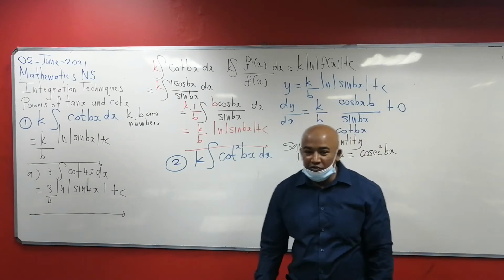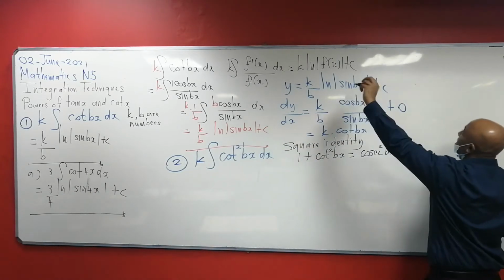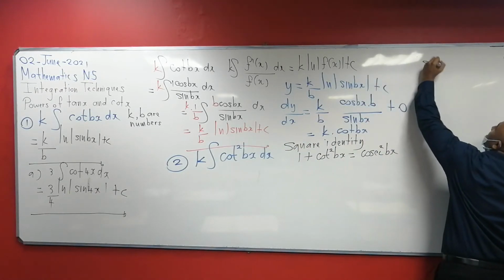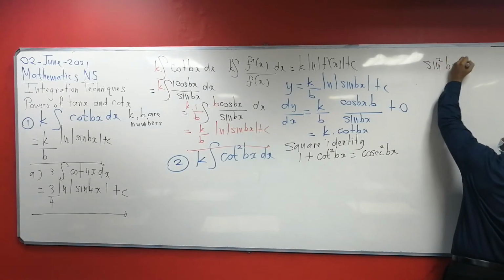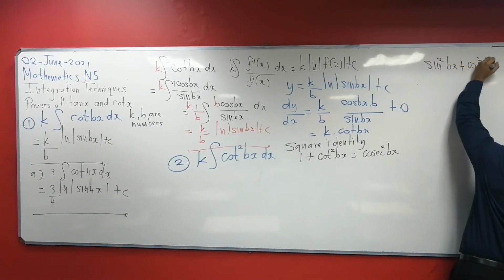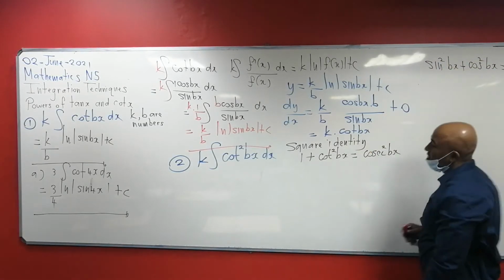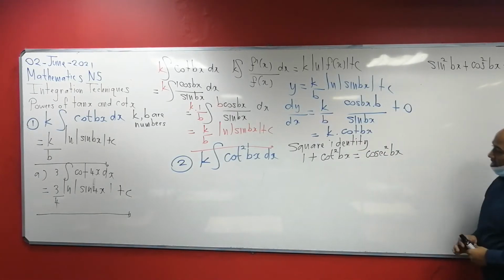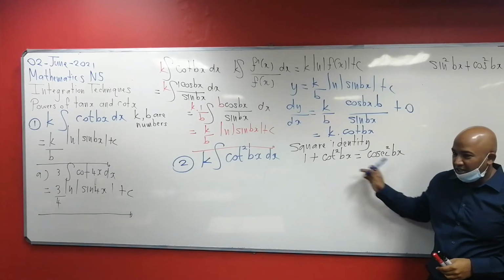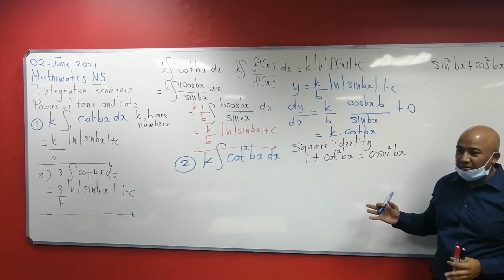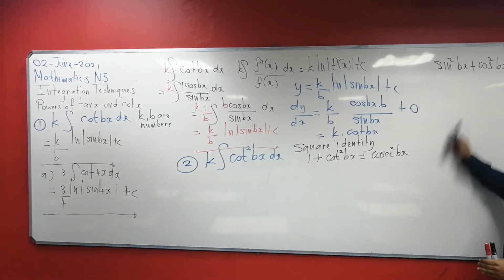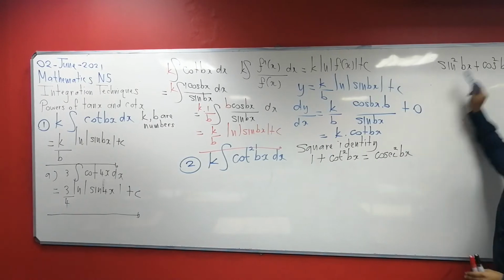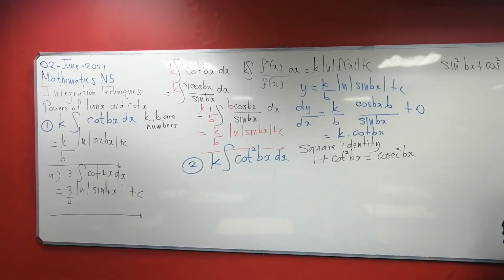The one that everybody is familiar with is sine² bx plus cos² bx is equal to 1. That's the one you're familiar with from grade 12. In grade 12 you don't deal with cot and cosec, but now you do. Let me just show you quickly how you get from here to there. It only takes a few seconds.